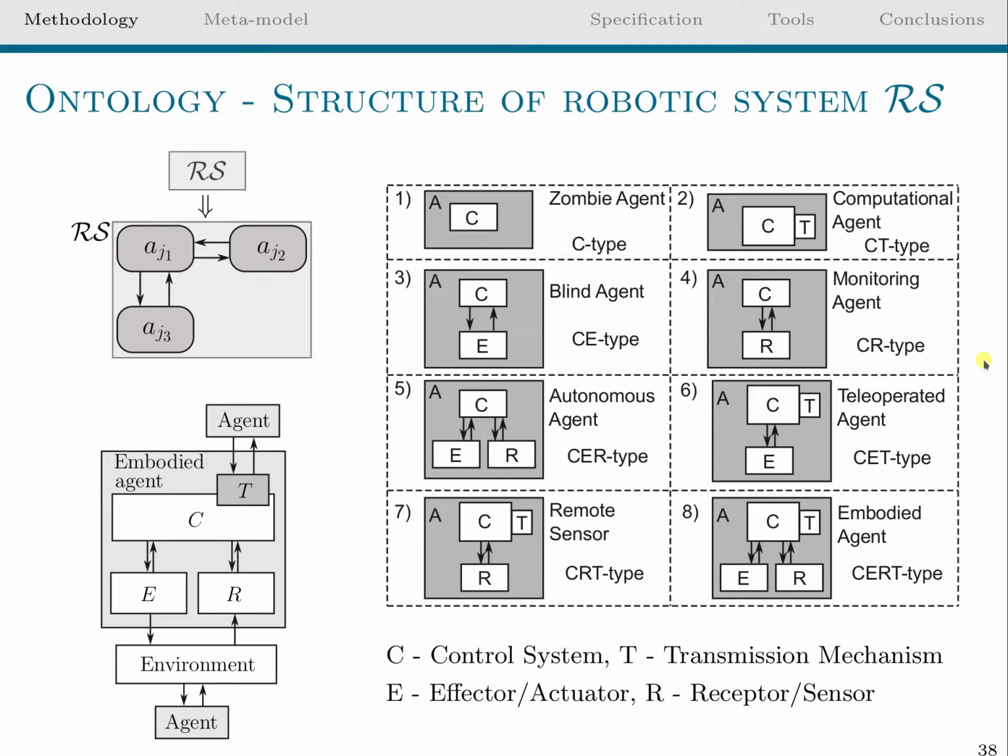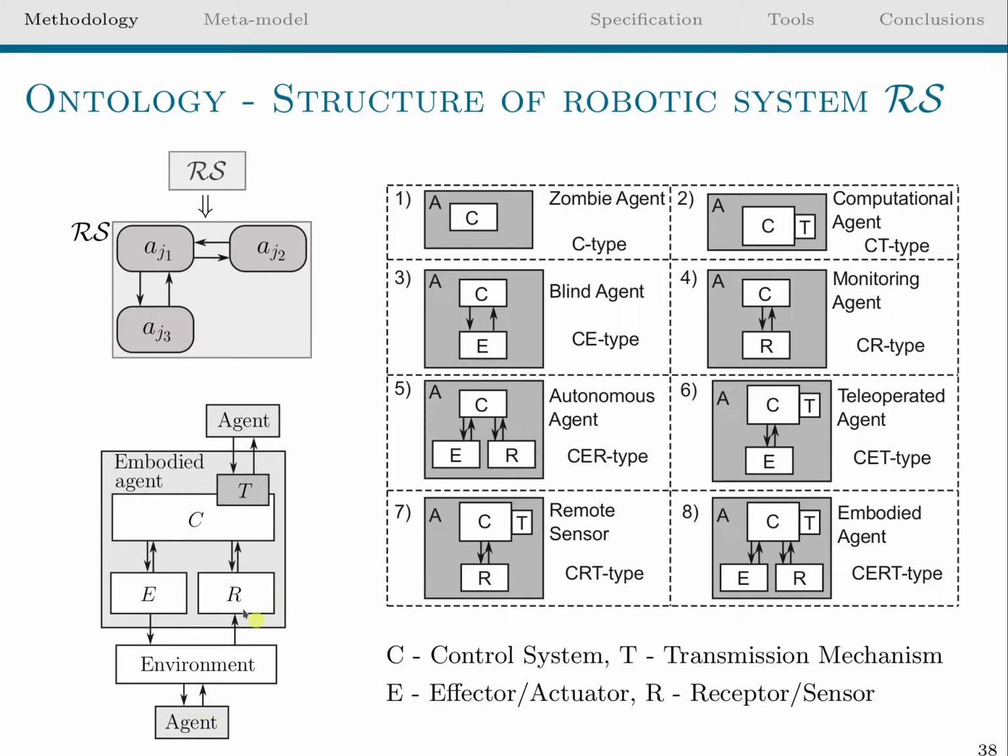Let's start with the ontology. Since the ontology is divided into the structure and activity, we'll start with the structure. Each robotic system is decomposed into agents collaborating with each other. Agents can communicate either directly through the transmission mechanisms or through the environment.